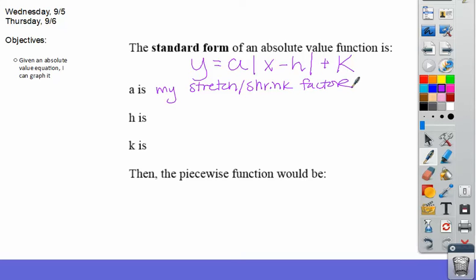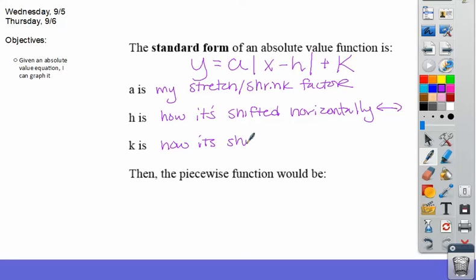H and k are how it's moved. So h is how it's shifted horizontally, and k is how it's shifted vertically.